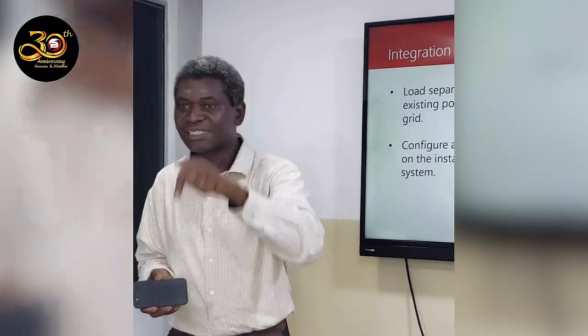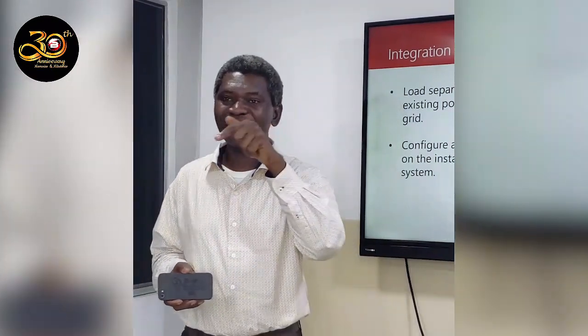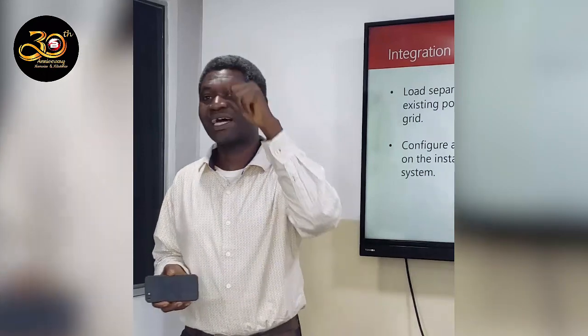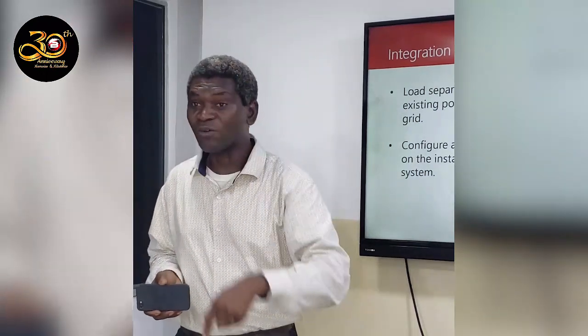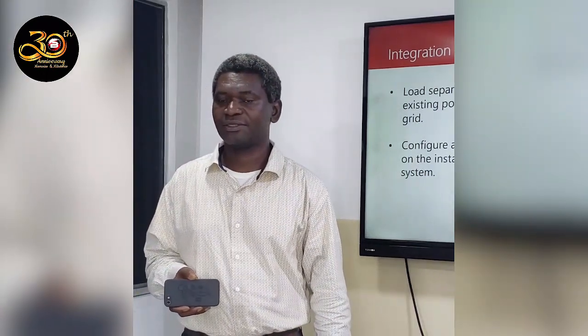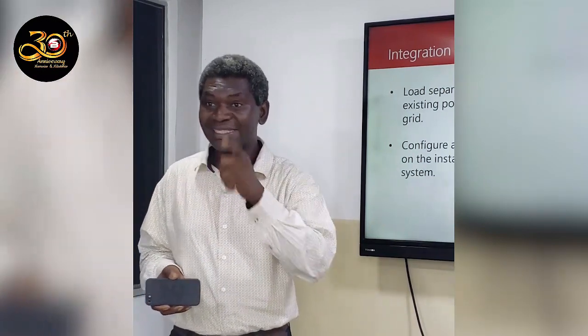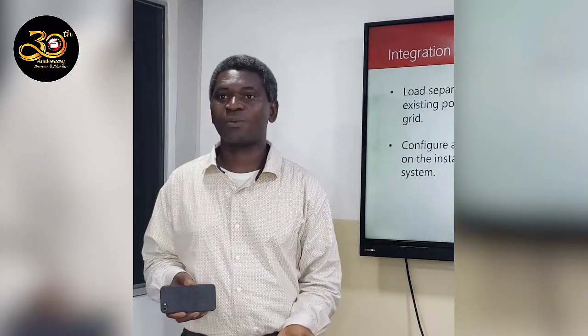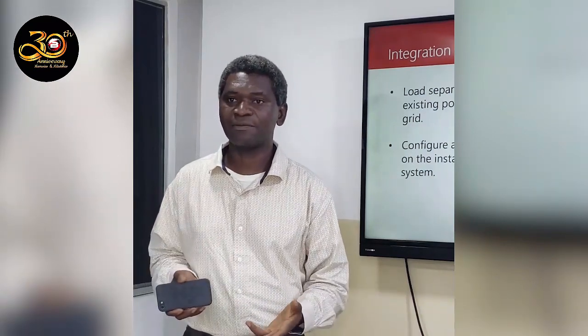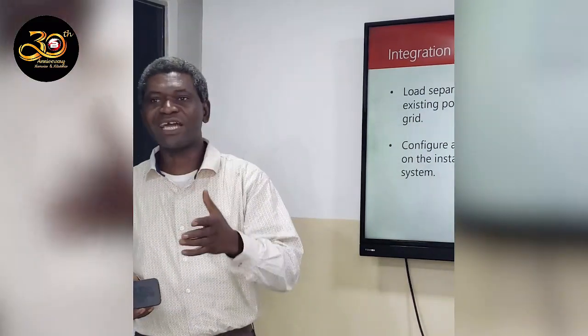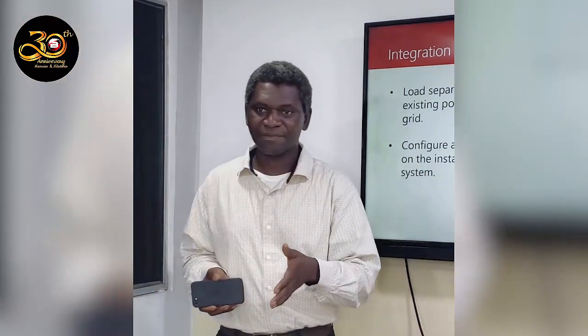Change it to 76, because that's the default that they put. If you leave it at that, the system will not function properly. It will not charge properly. So leave it at the default values that they have specified.